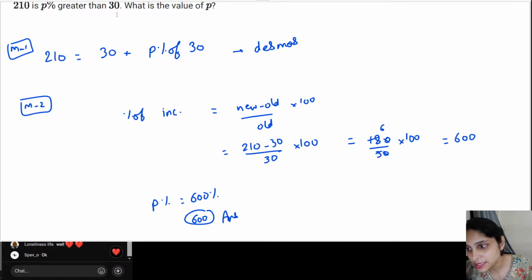Other way, 210 is 7 times 30, right? So this is 700 over 100 times 30. So overall it's 700%, so you increase by 600%. This is what I would prefer. Okay.